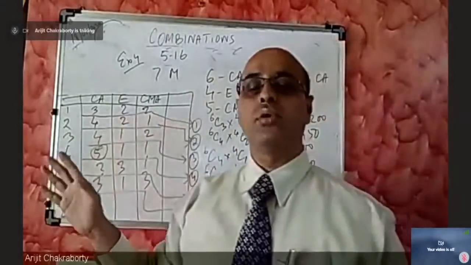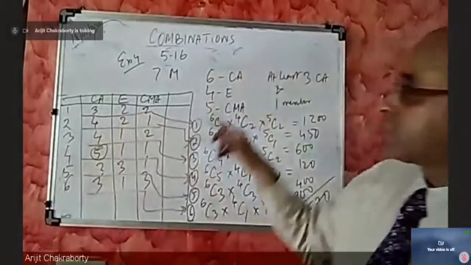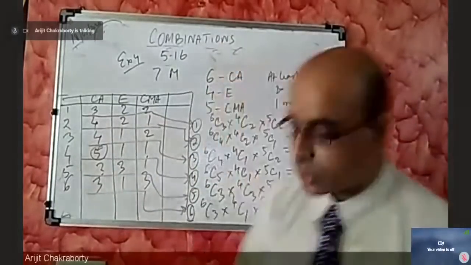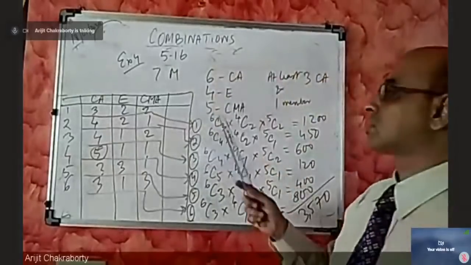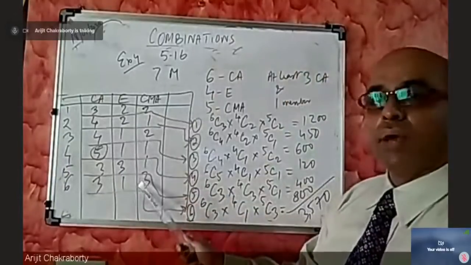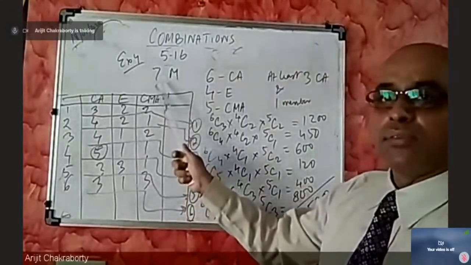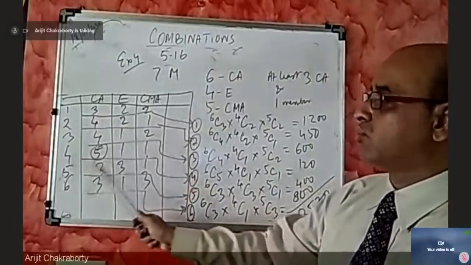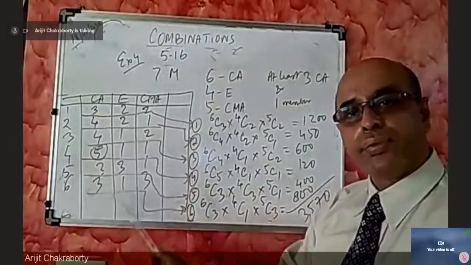Here we had to form a committee of 7 consisting of the given number of persons: 6 chartered accountants, 4 economists and 5 cost accountants. So we created all possibilities by which we can achieve this committee of 7: 322, 421, 412, 511, 331 and 313.